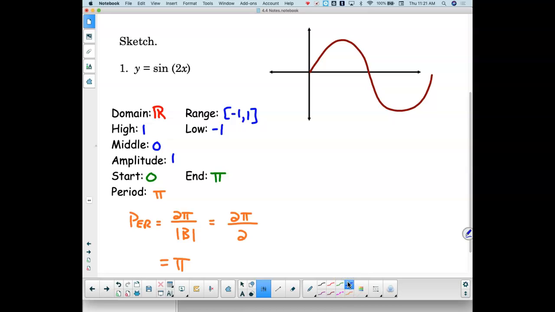Then I still need to label my axes. Oops, not 2 pi, excuse me. Now we're only going all the way out to pi, which means this is pi over 2, this is pi over 4, and this is 3 pi over 4.